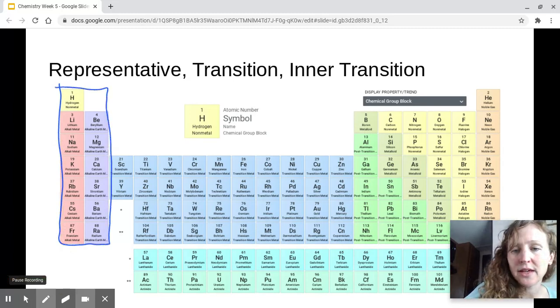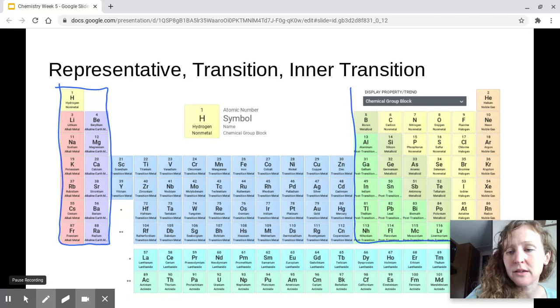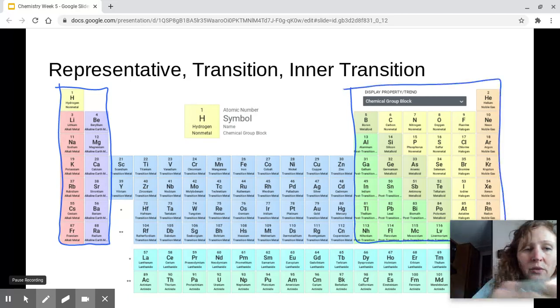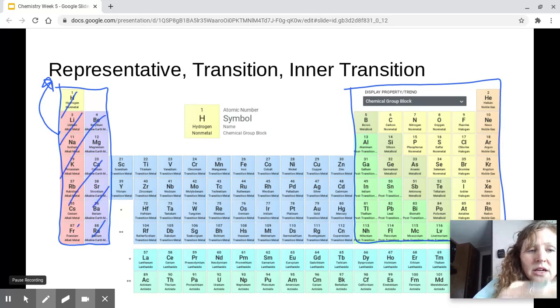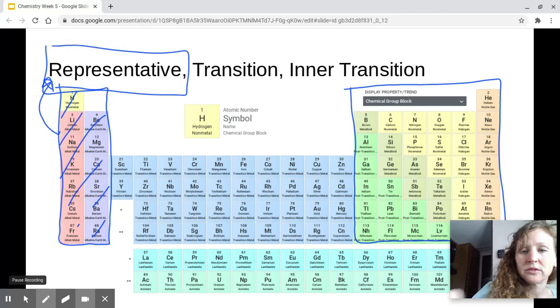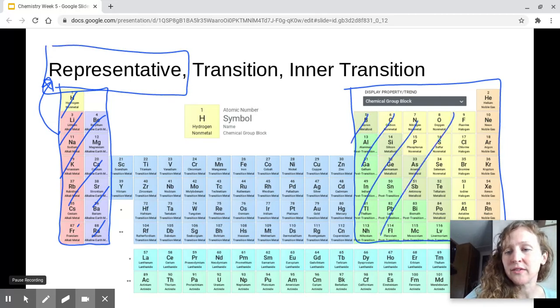Okay, so these elements are the representative elements. So if I'm coloring some boxes for the representative elements, I'm going to box these things.